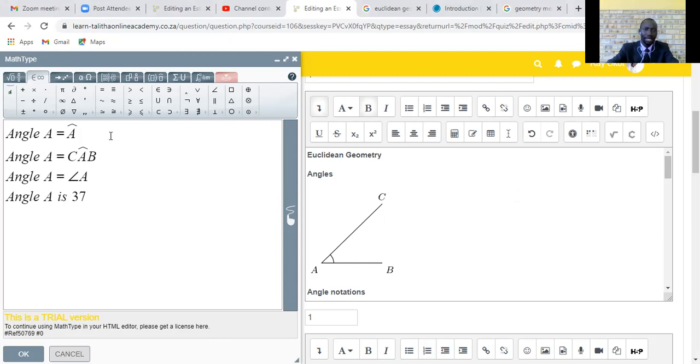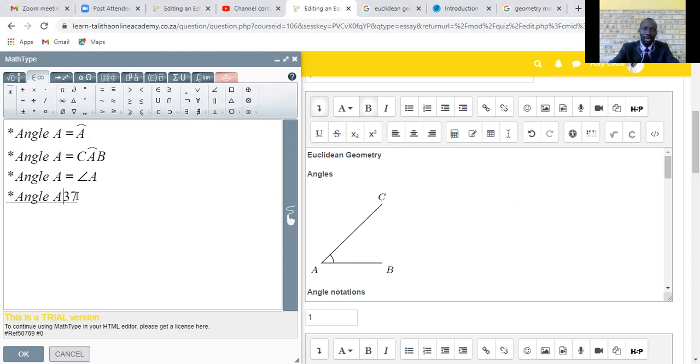Notice that in the first, second, and third cases, we have been representing these angles without a number. What if we already know the value of the angle? How do we represent it? For example, if we know that angle A is 37, how do we write that?